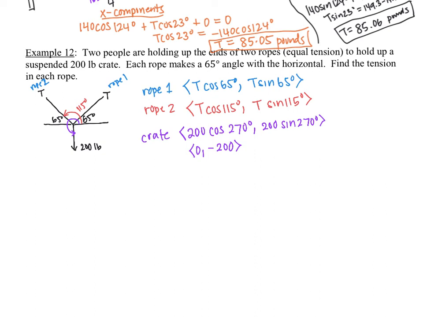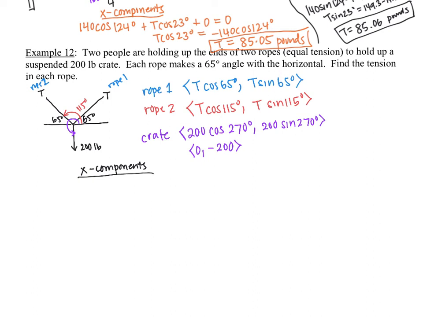Okay, now on the previous problem, we were able to solve by using only the x component or only the y component. So let's just set up the x component and see if we can solve it that way. If I only look at the x components, because the crate is not moving, the sum of these vectors must add up to 0.